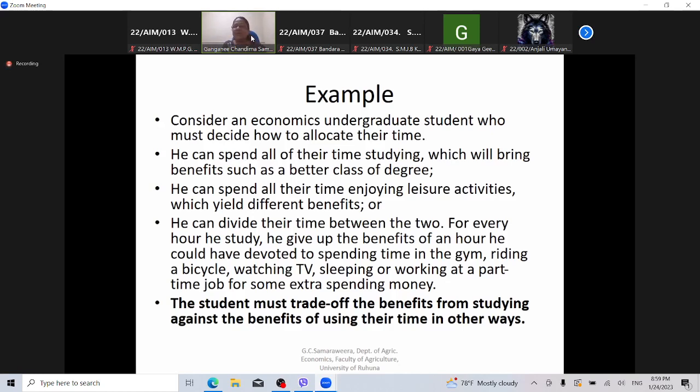Do you have a batch rep in your batch? Is it Kumara? Oh, sorry, Bandara. No batch rep? Yes, ma'am. Representative? You are the representative? Yes, ma'am.